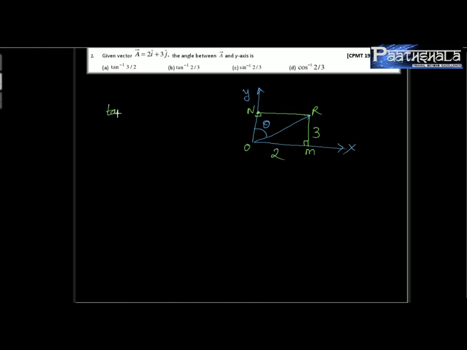So tan of theta is nothing but NR divided by ON, and NR happens to be 2, and ON happens to be 3, so tan of theta is 2 by 3. So therefore theta is equal to tan inverse 2 by 3, which gives us answer B as the correct answer.